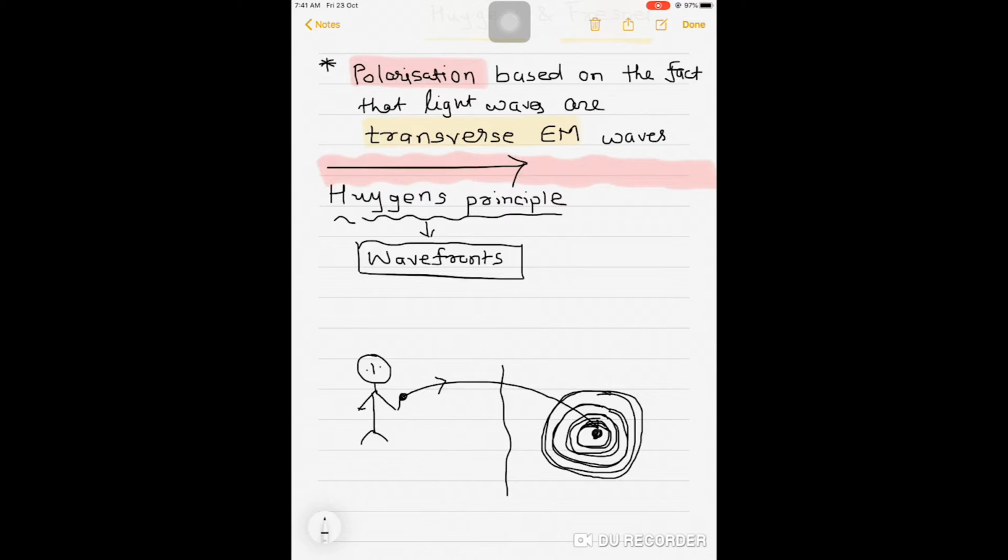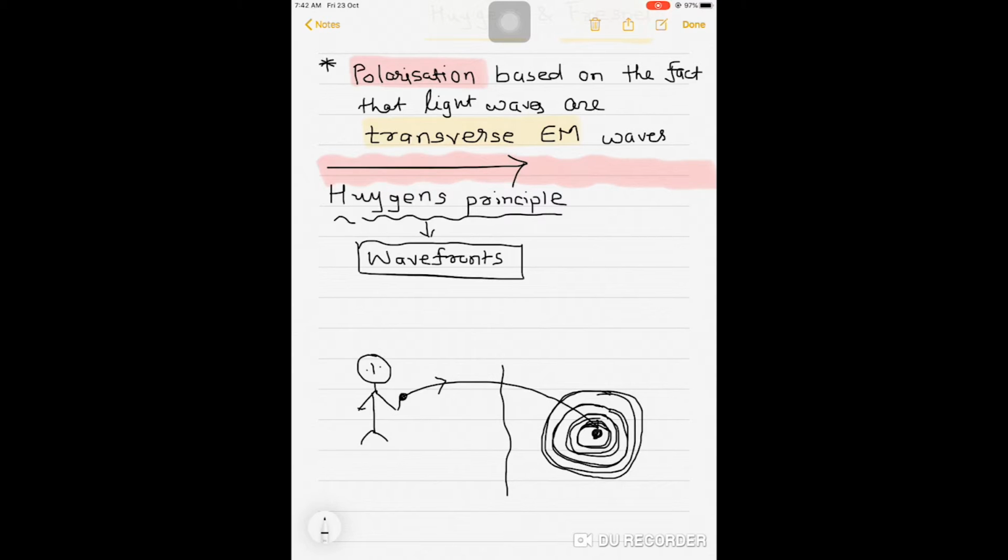Clearly, all the particles lying on a crest are in the position of their maximum upward displacement and hence in the same phase. Similarly, all the particles lying on a trough are in the position of their maximum downward displacement and therefore they are also in the same phase. The locus of all such points oscillating in the same phase is called wavefront.